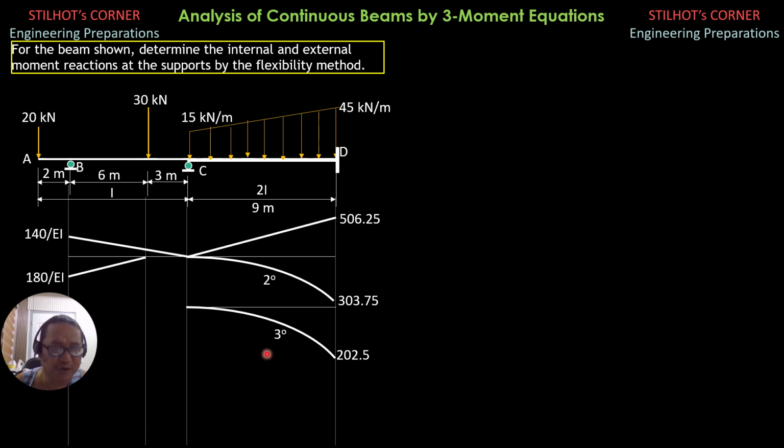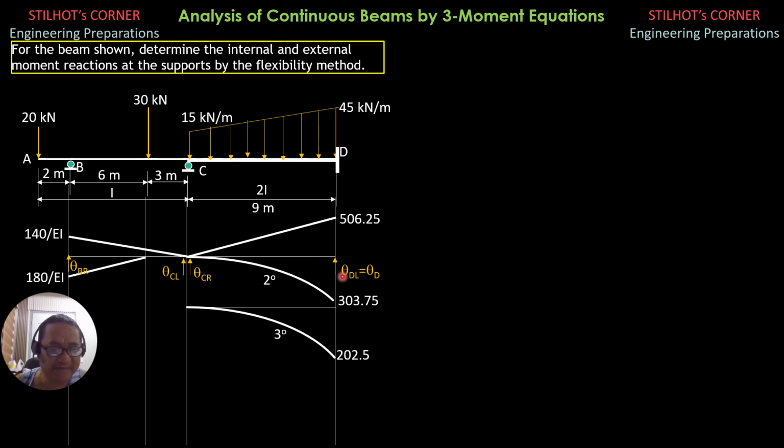Now for the force coefficients, these are the designations. We have theta C left, theta C right, theta D left, which is automatic theta D because there's no loading on this side there.